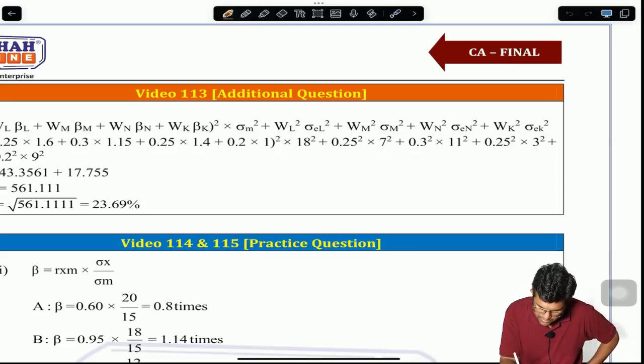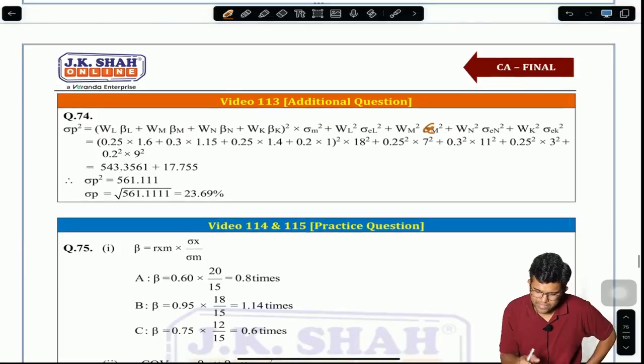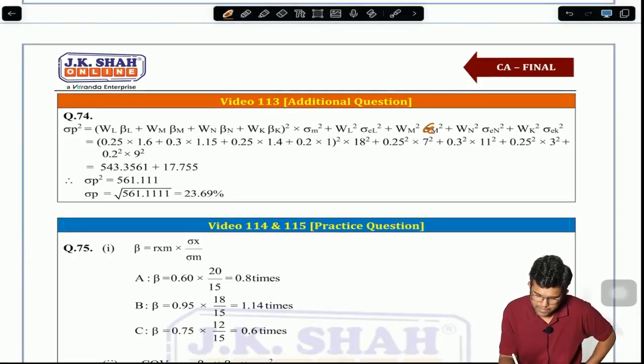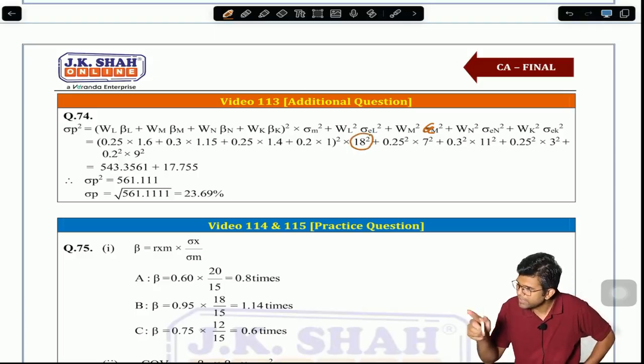This is sigma EM square. Then I just kept putting the numbers there and found the answer. Just note, for example, for sigma EL they have given 18, so I had to do 18 square. You understand now what I'm doing?